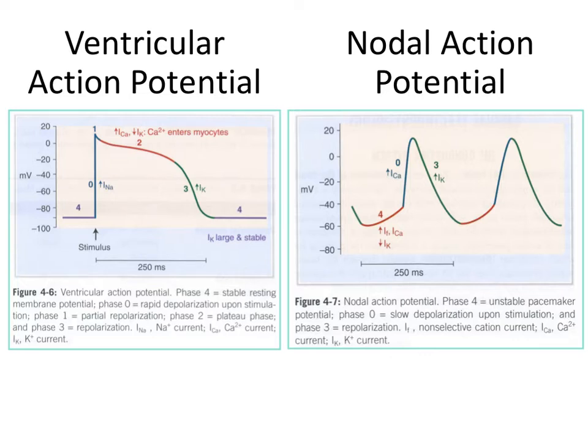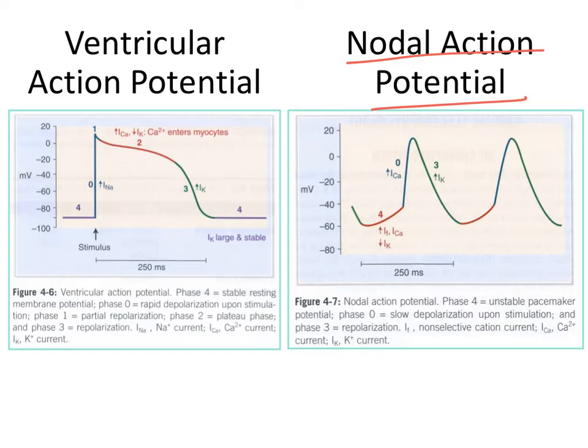The main big difference is that the electrical conducting system tissues have the ability to generate action potentials on their own without needing any stimulus from another cell. So here is what we call the nodal action potential, or the type of action potential you would see in the electrical conducting system tissues, such as the SA node, the AV node, or the bundle of His.